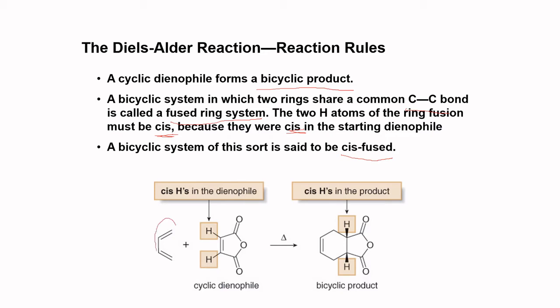This is the diene and this is the dienophile. If we look at the position of the hydrogen atoms here, they are in cis position. When we react those two starting materials, in the product the hydrogens remain in cis position, although it gives you a bicyclic product. So the hydrogen position remains the same as in the starting material.